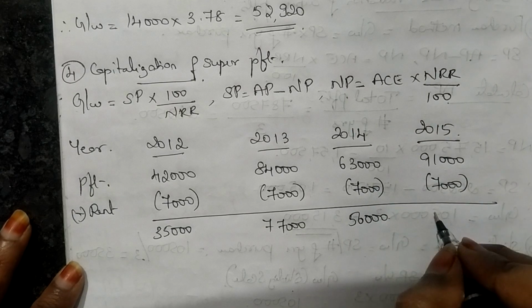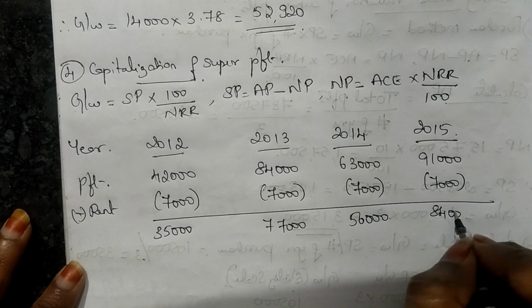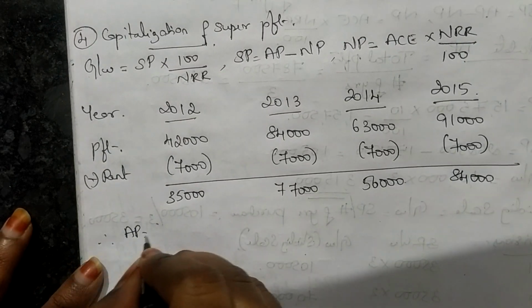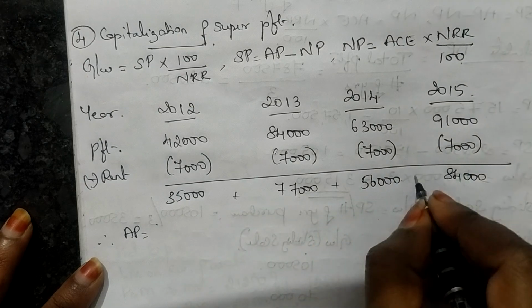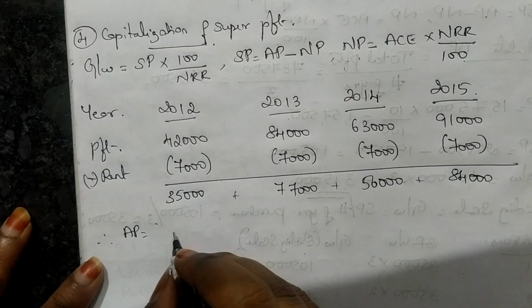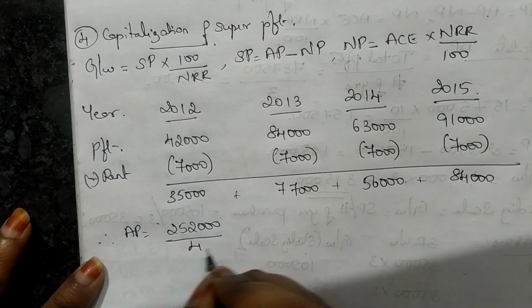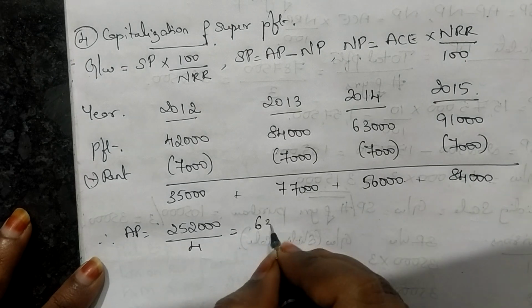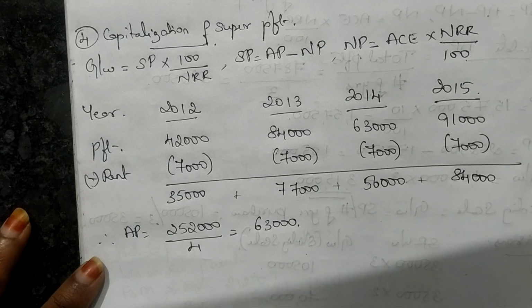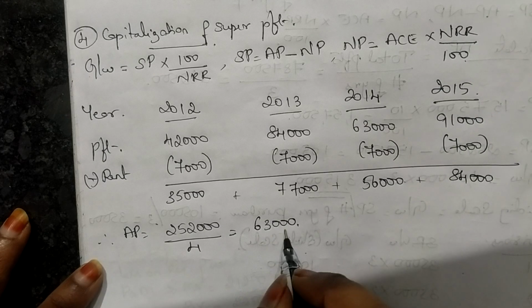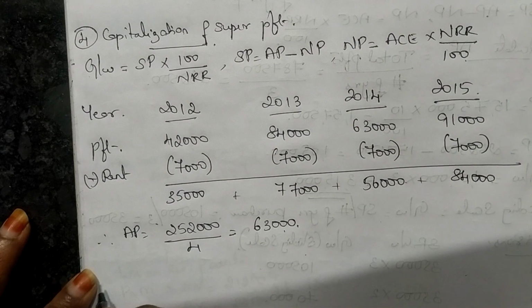Then 91 minus 7 is again 84,000. Now calculate your average profit, that is, take the total of all these. When you take the total you get 2,52,000 divided by 4 years. So my average profit is 63,000. I hope this is clear to all. 63,000 is the average profit.